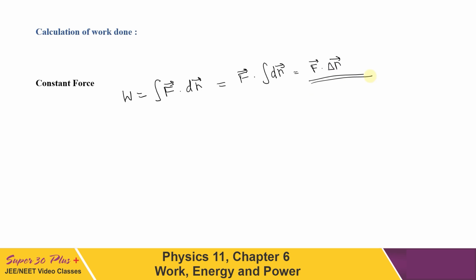So work done by a constant force is simply force dot total displacement, or mathematically it will be numerically equal to force multiplied with displacement in the direction of force. So if force is making angle theta with displacement, it can be written as F r cos theta as well. This is the work done for constant force.